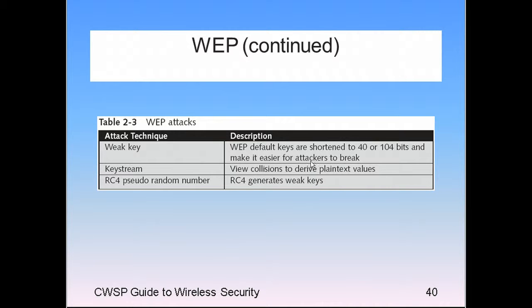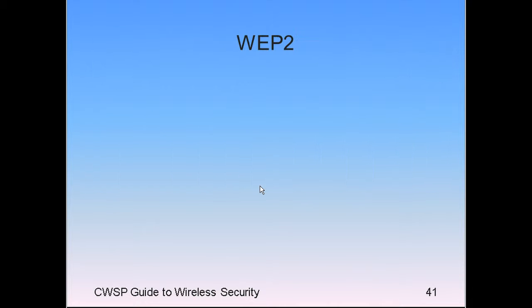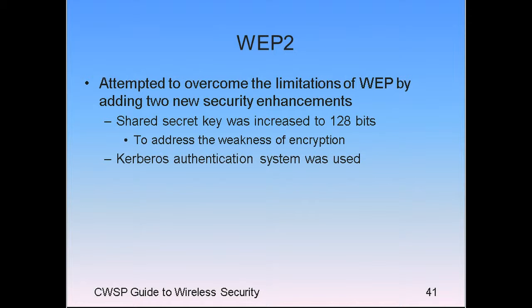A weak key: the default keys are shortened to the WEP stuff, 40 or 104 bits. The collisions, and then RC4 generates weak keys. WEP 2 was an attempt to make WEP better.